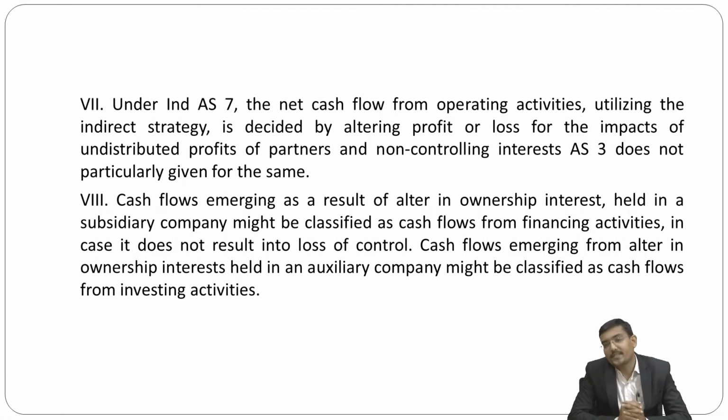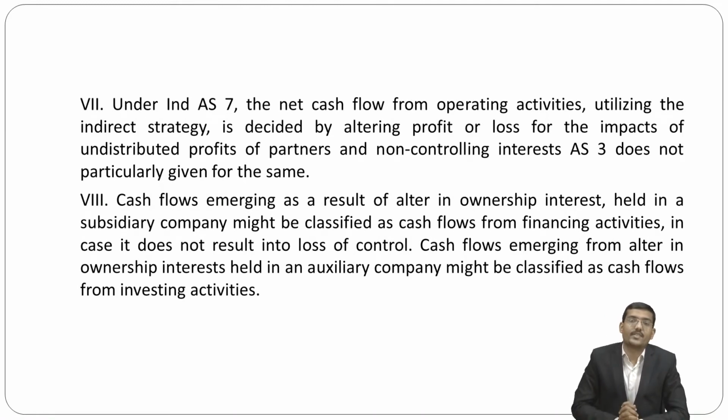The next point is that under Indian Accounting Standard 7, the net cash flow from operating activities uses the indirect method, which is determined by adjusting profit or loss for the impact of undistributed profit of the partners and non-controlling interest.